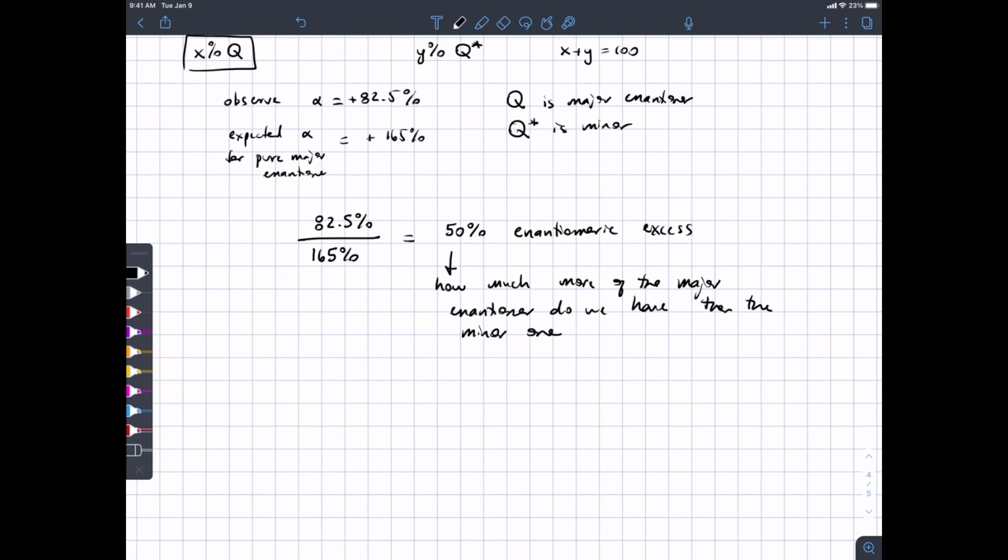So we know that X% minus Y% has to equal 50%. And we also know that X plus Y has to add up to 100%. So at this point, 2 equations, 2 unknowns, or you can just say, okay, what numbers add up to 100 but their difference is 50?